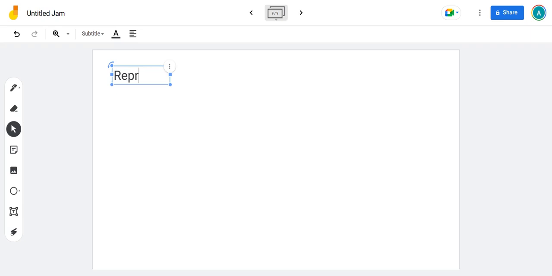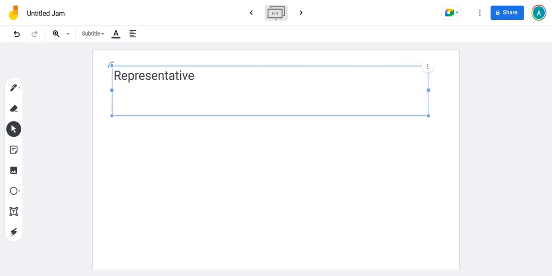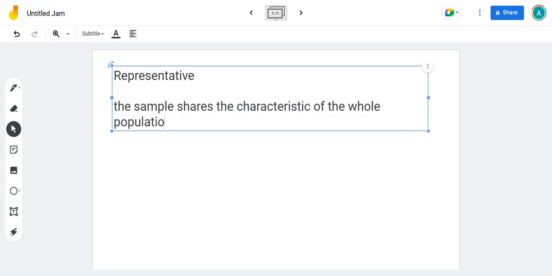So the word for that is representative. Let's just make sure we understand all of these kind of working scientifically keywords. So representative means that sample shares the characteristics of the whole population.